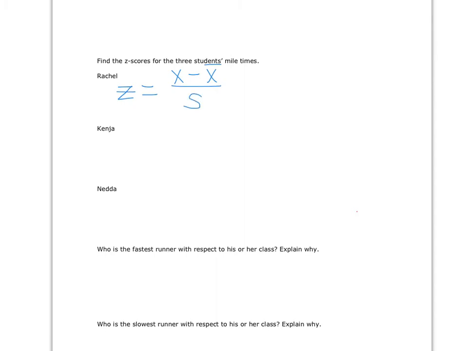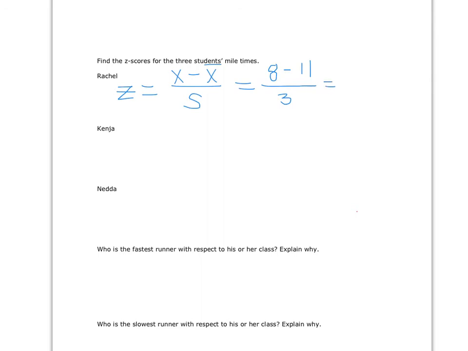Remember, x is the data value that we are finding the z-score for, and so the data value is her mile time, which is 8. Then we subtract the mean mile time for her class, which was 11, and that difference we're going to divide by the standard deviation of 3.